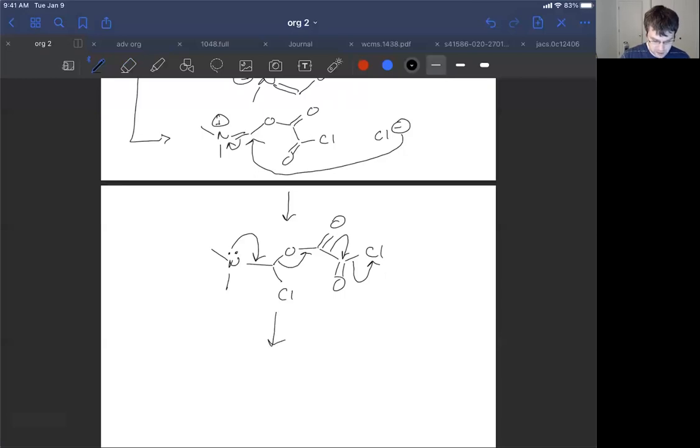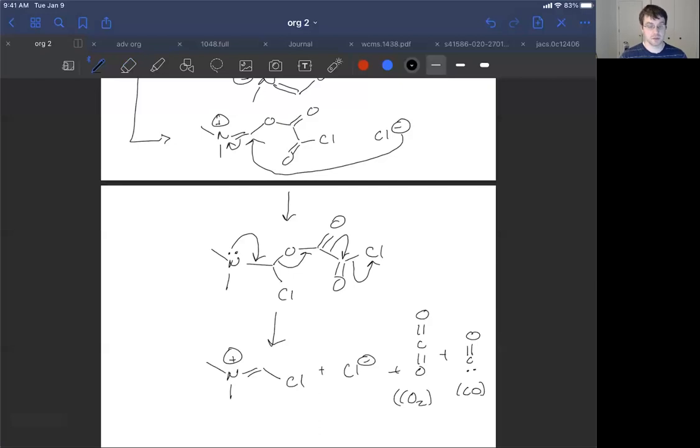The ultimate outcome that we care about is we get this species, which is countered by the Cl- atom, plus we actually form this molecule, which is CO2, plus this molecule, which is carbon monoxide.